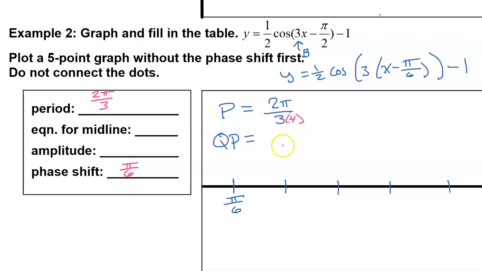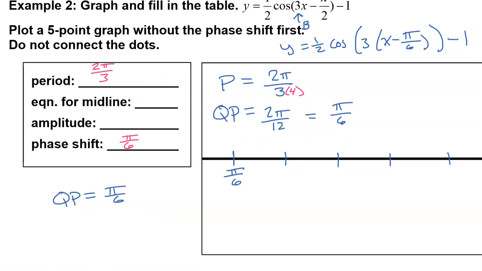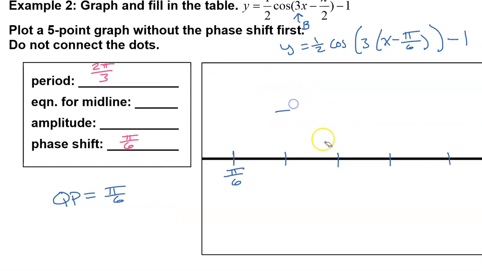So the quarter period will be 2 pi over 12, which equals pi over 6. So that's a quarter period. I'm just going to put this off to the side to remind me that the quarter period is pi over 6. All right, I'm going to erase this little scratch work right here.